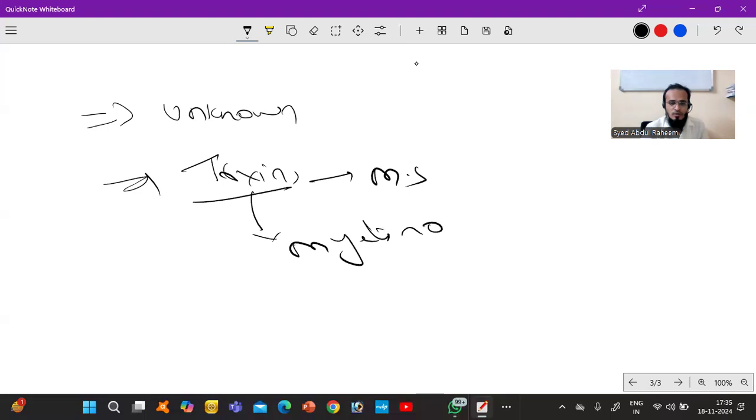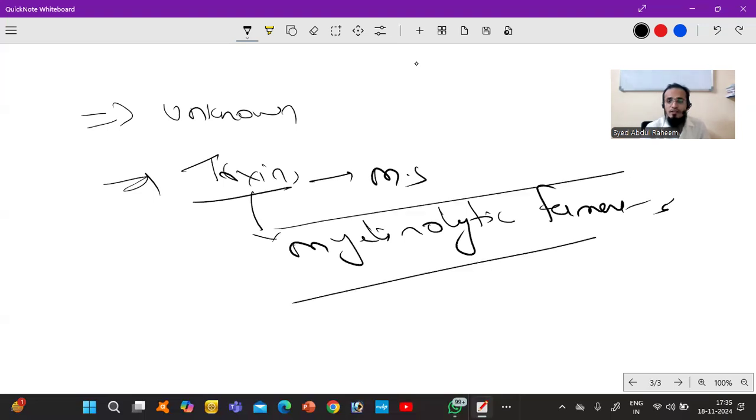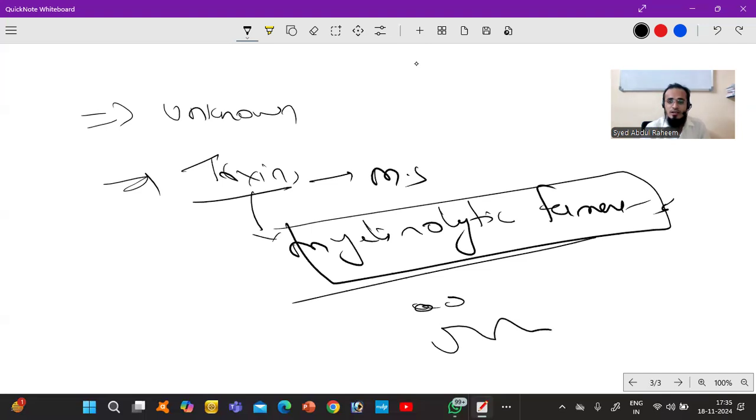What will it do? It will stop the blood supply to the myelin sheath, and it will coagulate the blood within the vessels. So the blood doesn't reach the myelin sheath.